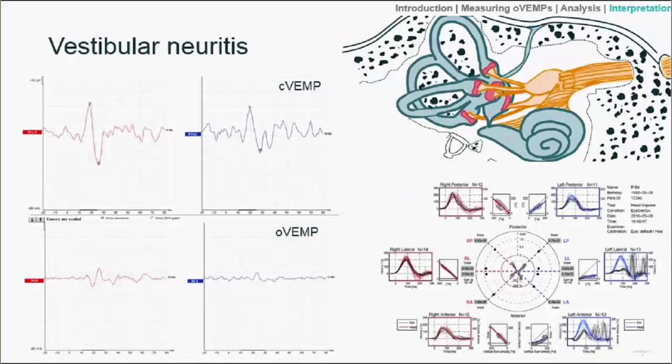And that also corresponds with the video head impulse results, where we see again the two semicircular canals that are innervated by that superior branch. That's the lateral and anterior canals. There we have the reduced gain and the characteristic saccades. So there's also, of course, analogous pattern for complete nerve neuritis or inferior division.